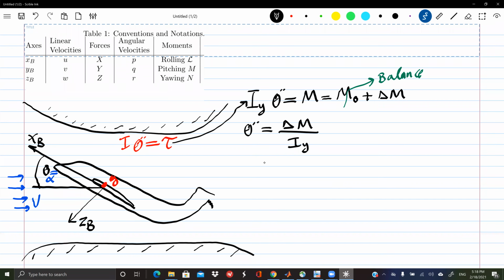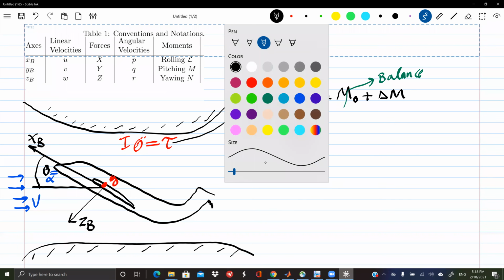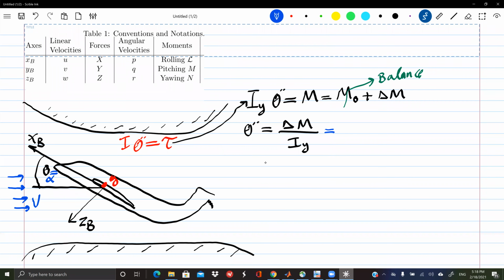Now from this class, I will borrow delta M over I_Y. From the last lecture and the lecture before, I can write this as, where you need the knowledge from the last 2 lectures. If you didn't study, that's fine.